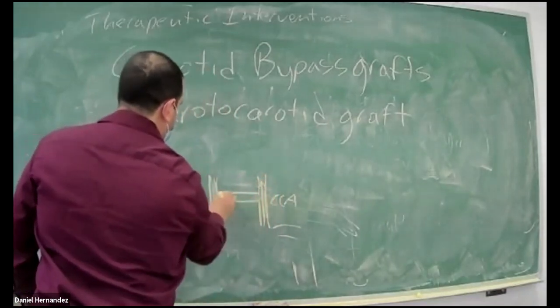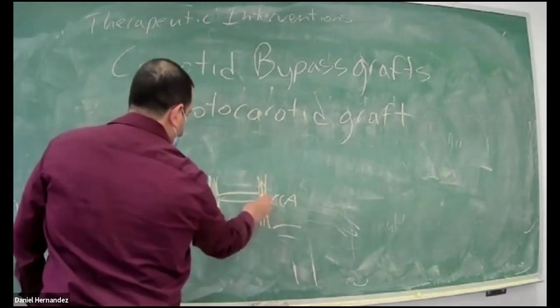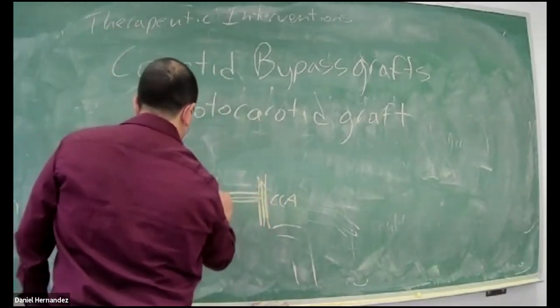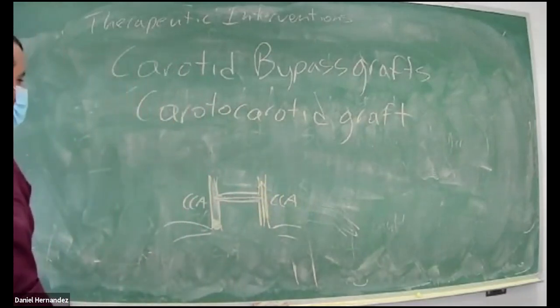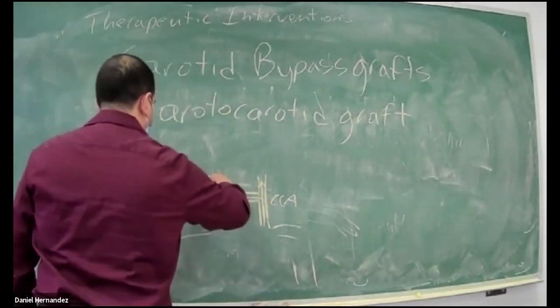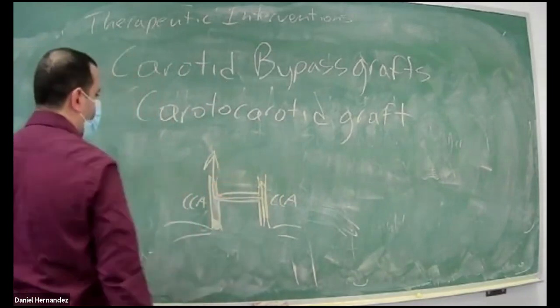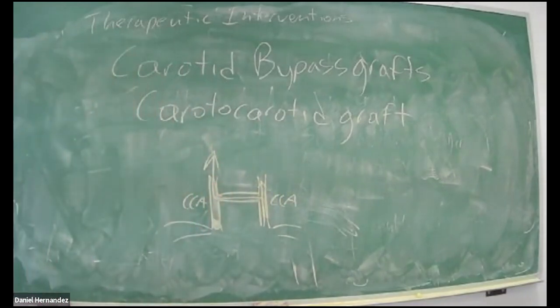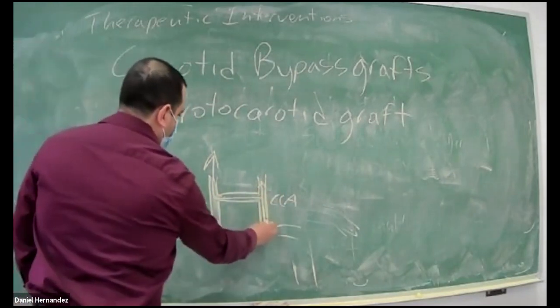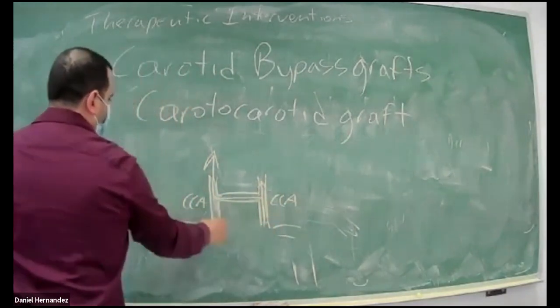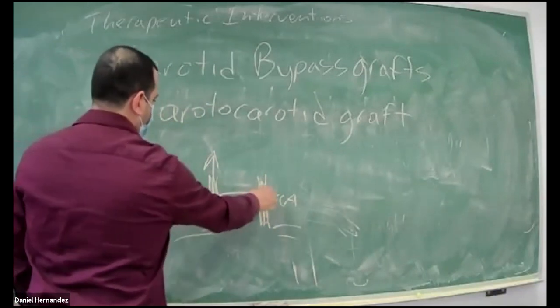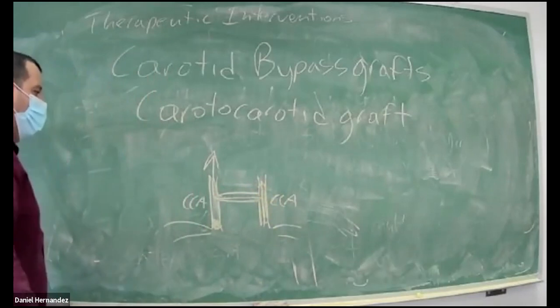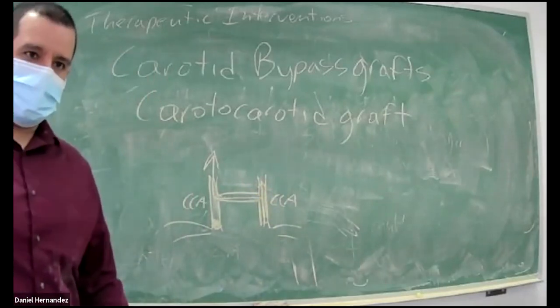We create a graft or connection between the two, so we're able to shunt blood over into the right CCA, which can then continue up. And vice versa. If we have a blockage on the left side and the right side is open, we can shunt blood over to the left side through that graft.